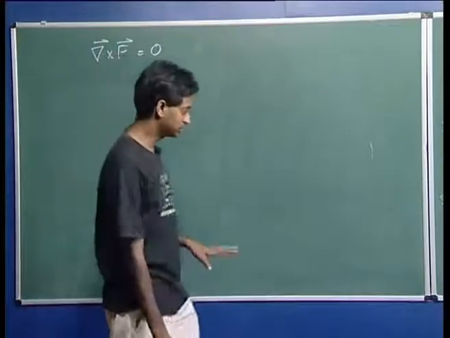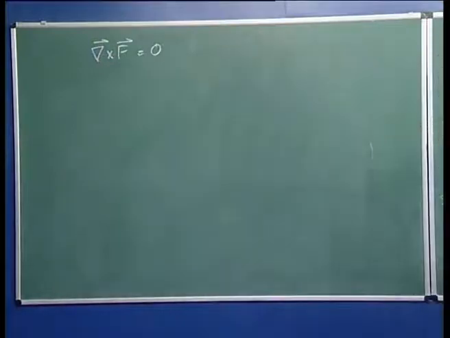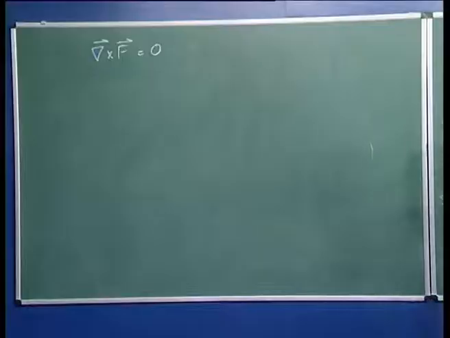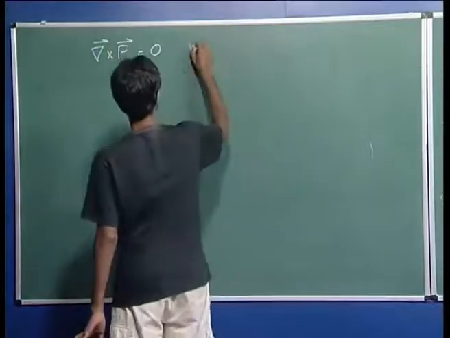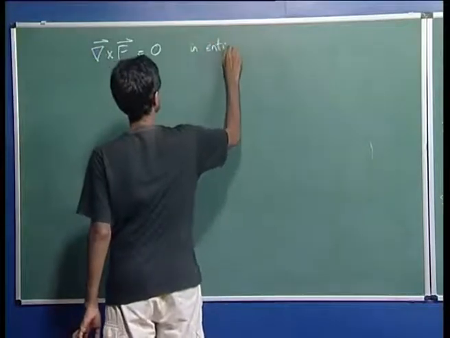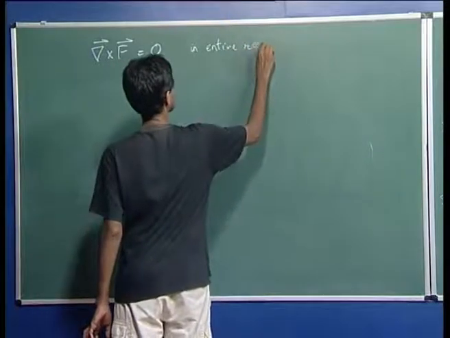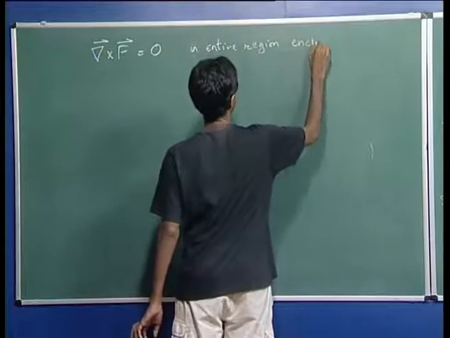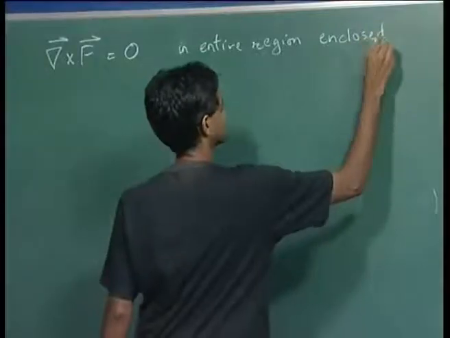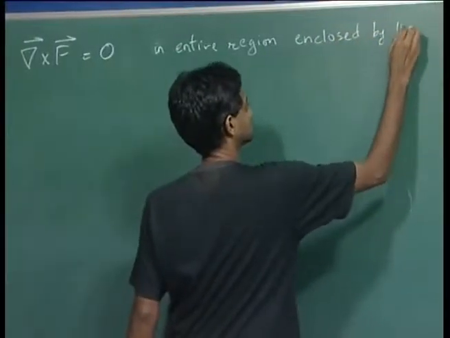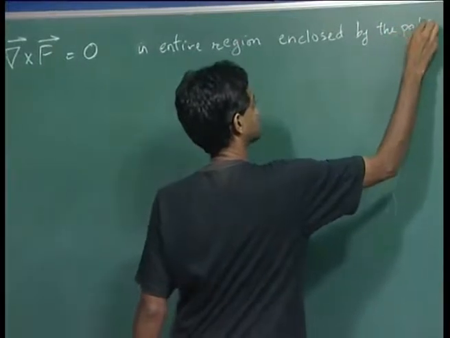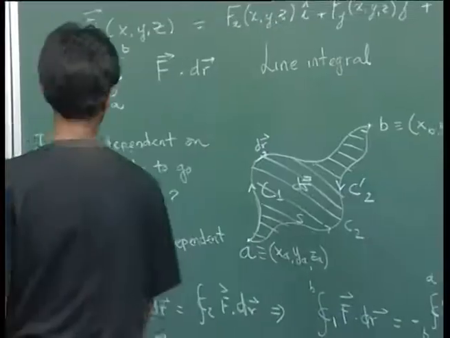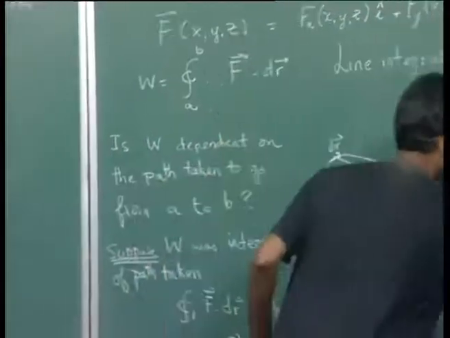Now, it is important that del cross f should be 0 in the entire region enclosed by all the paths considered.